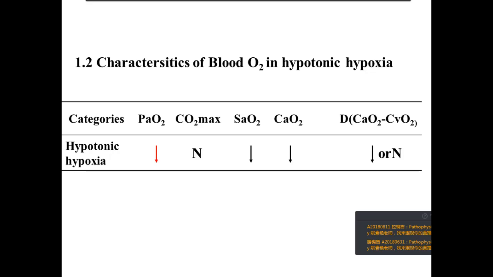Because hemoglobin is normal, oxygen binding capacity is normal. Arteriovenous difference decreases or is normal, as in chronic hypoxia, for example people who live in very high mountains. These are the characteristics of blood oxygen.